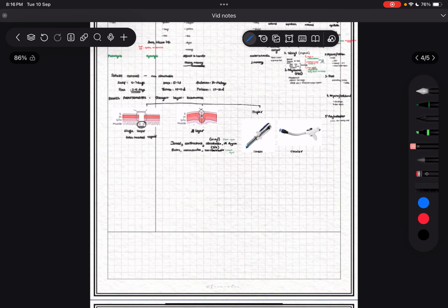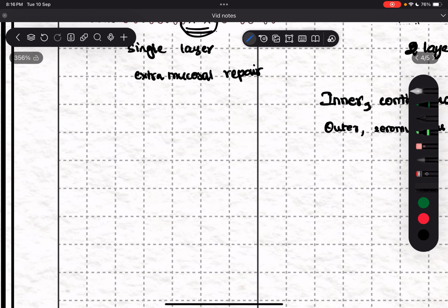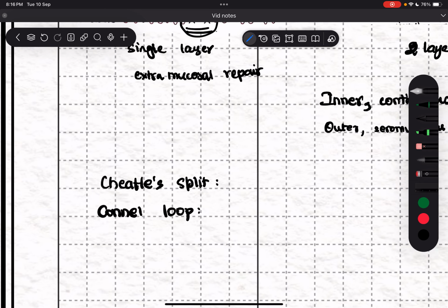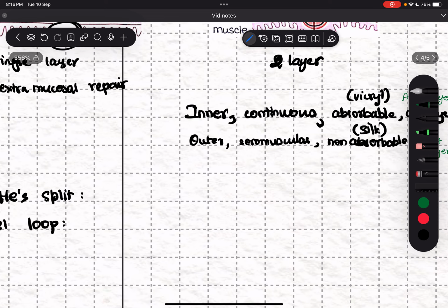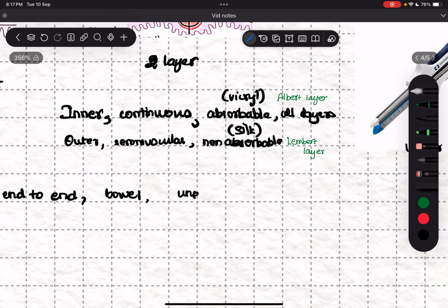Then we have got two terminologies, which are Cheatle's split and Connell loop. Cheatle's split is used in end-to-end anastomosis of bowel where there is luminal disparity, like unequal diameters or unequal bowel lumen sizes.